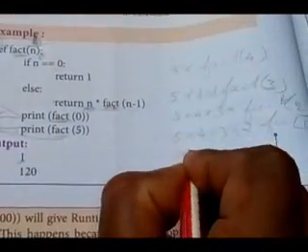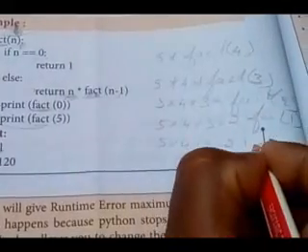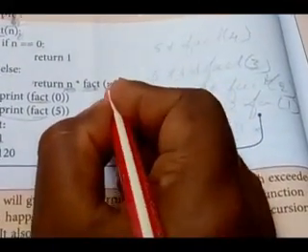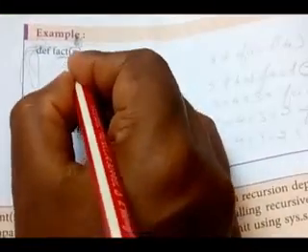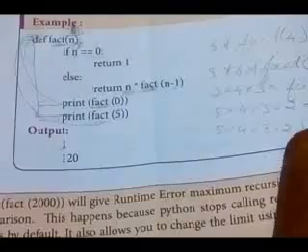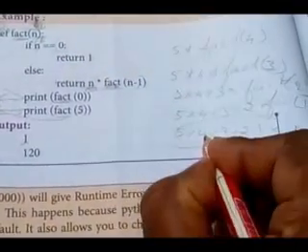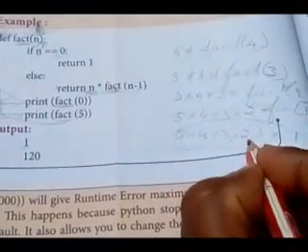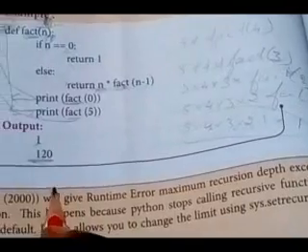Again it comes here, 5 into 4 into 3 into 2 into, then n is 1. 1 into fact of n minus 1, that is 0. Then again it comes here, n is 0, 0 equal to 0, return 1. So it will multiply by 1. This answer 5 into 4, 20. 20 into 3, 60. 60 into 2, 120. The answer 120 will be displayed on the monitor.